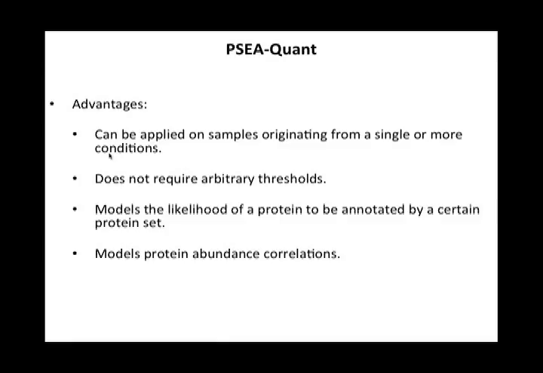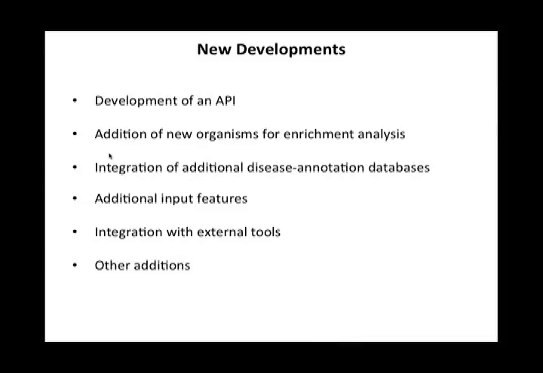So what I'm going to focus on today is some of the advantages of the approach and some of the updates we did to highlight these advantages. So the advantages of PSEA-Quant is that it can be applied on samples that are originating from a single or more conditions, and we facilitated that input over the last few months. And it does not require any arbitrary thresholds because it basically looks at the enrichment overall in the data set of these proteins.